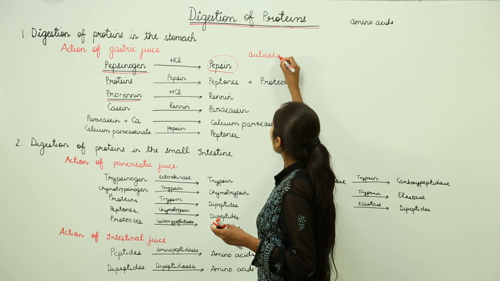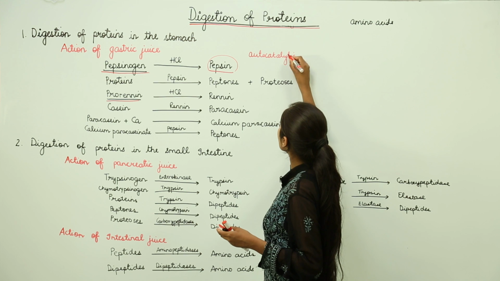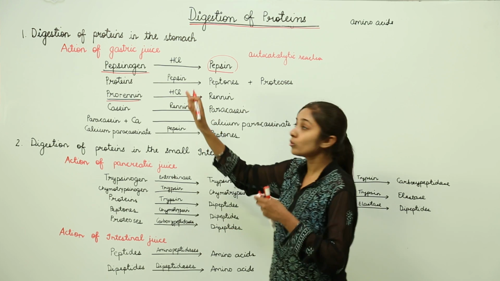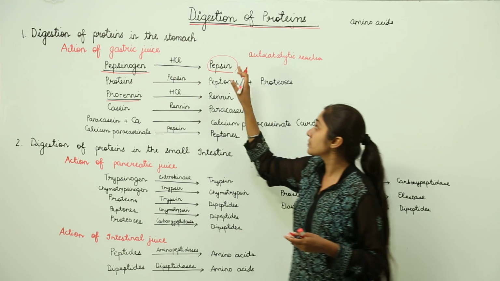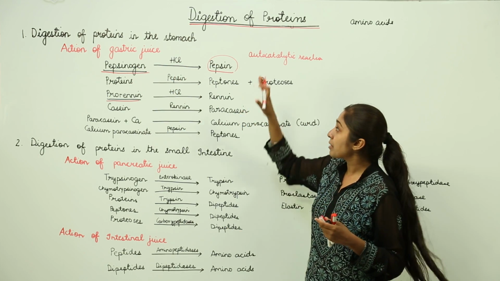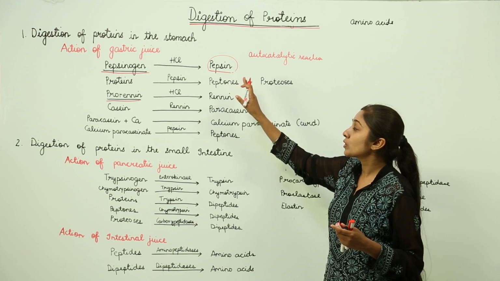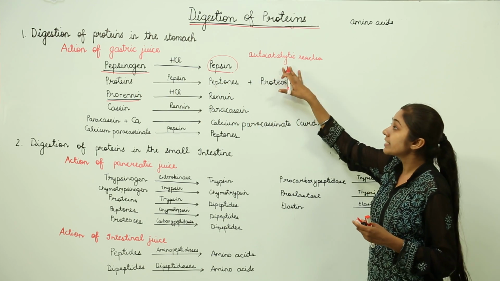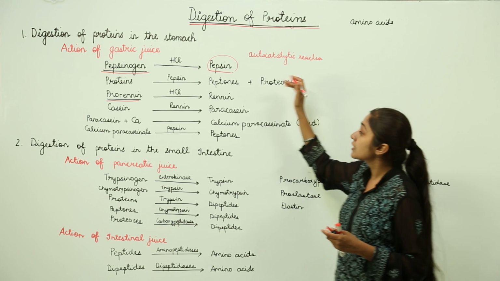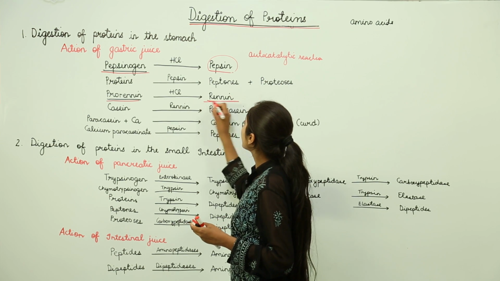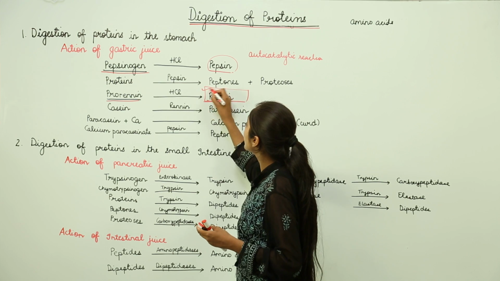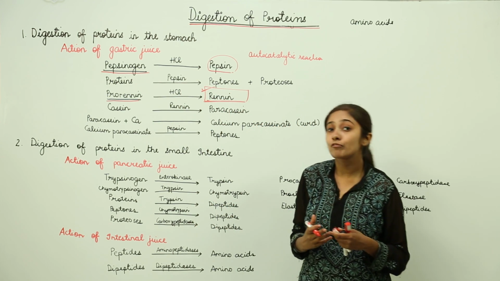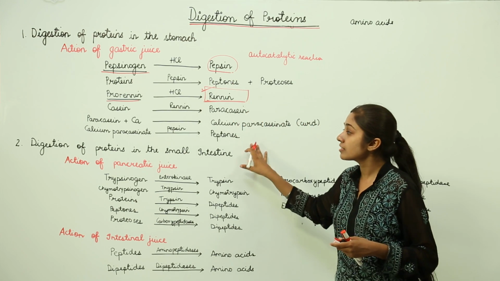It means just once pepsinogen needs to be converted into pepsin. After that, when this pepsin is formed, it is going to convert the rest of the pepsinogen into pepsin. This is known as an autocatalytic reaction. So, pepsin and renin act as very important molecules which lead to the digestion of proteins. Just remember these equations, right.